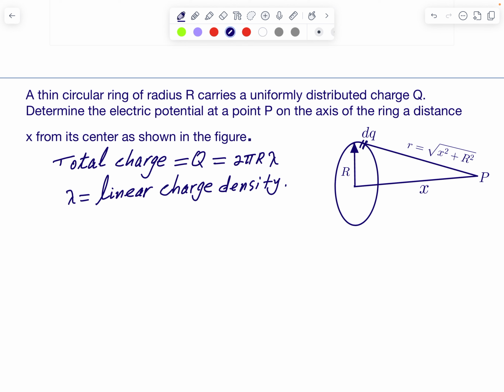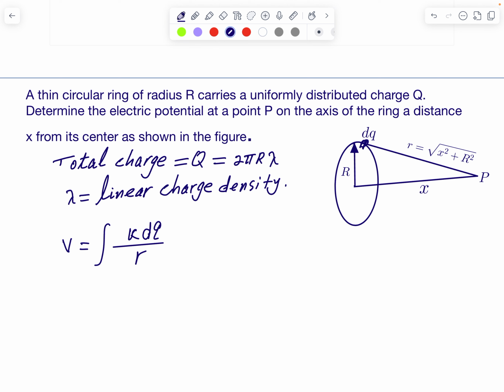And now V is going to equal the integral of K, which is the constant, dq, the small charge on a slot on the ring, divided by R. So what is R in this case?